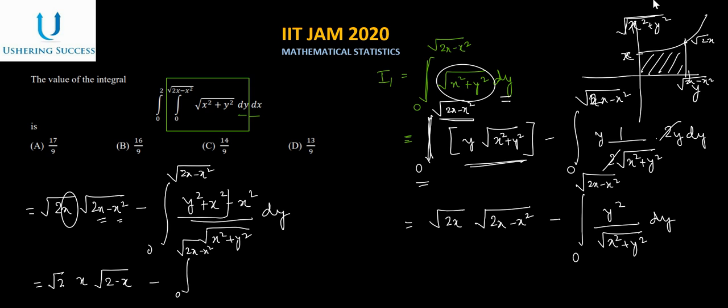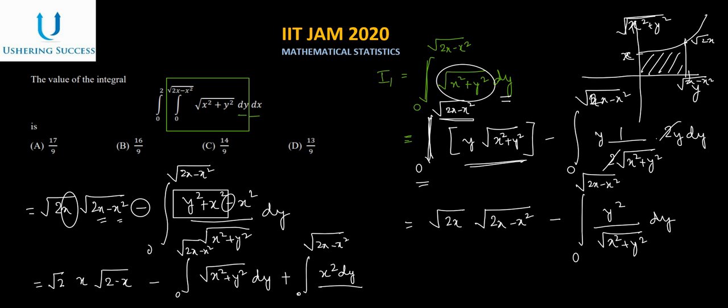I take the first two values, x square plus y square, and that divided by root over x square plus y square will give me root over x square plus y square dy, and then I have a minus here, so minus and minus becomes plus, so plus integral 0 to root over 2x minus x square into x square dy by root over x square plus y square.